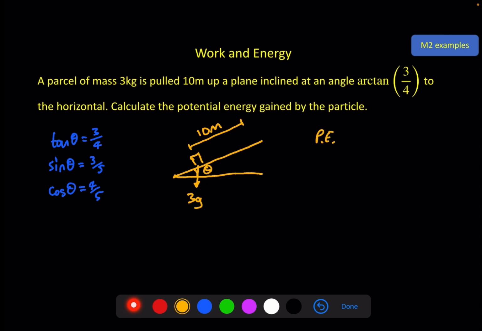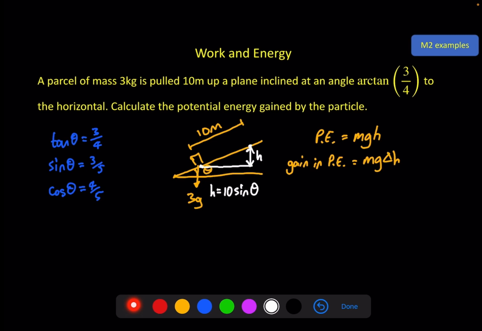So the potential energy is equal to mass times g times h. Similar to the previous example, the gain in potential energy is a relative thing compared to where it is. So it's mass times gravity times the change in height. And this is the change in vertical height. So from here to here, I want this distance, which is 10 sine of theta.